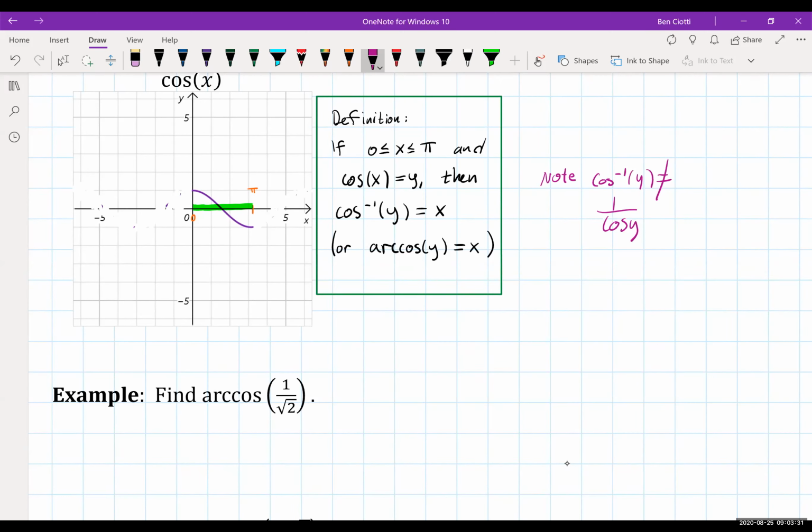Okay, so how about arc cosine of one over the square root of 2?